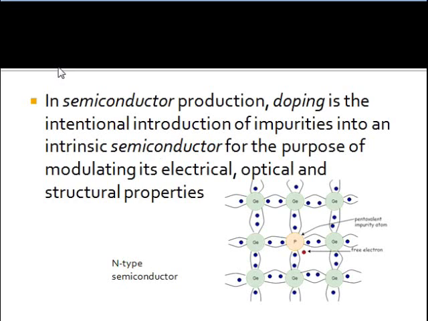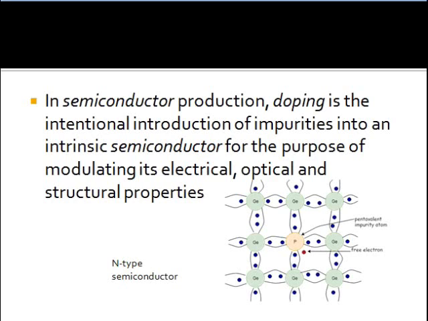That electron will make the whole device a conductor, so the behavior changes from non-conductor to conductor.